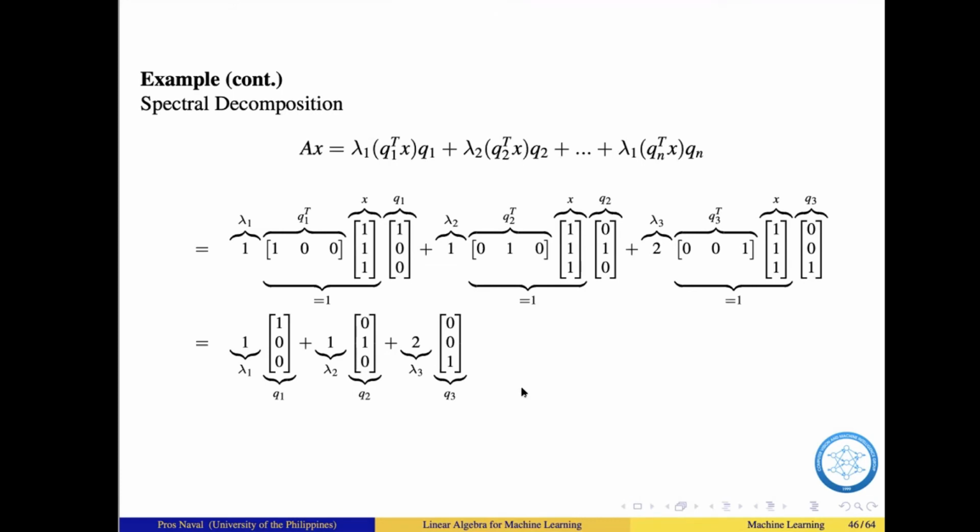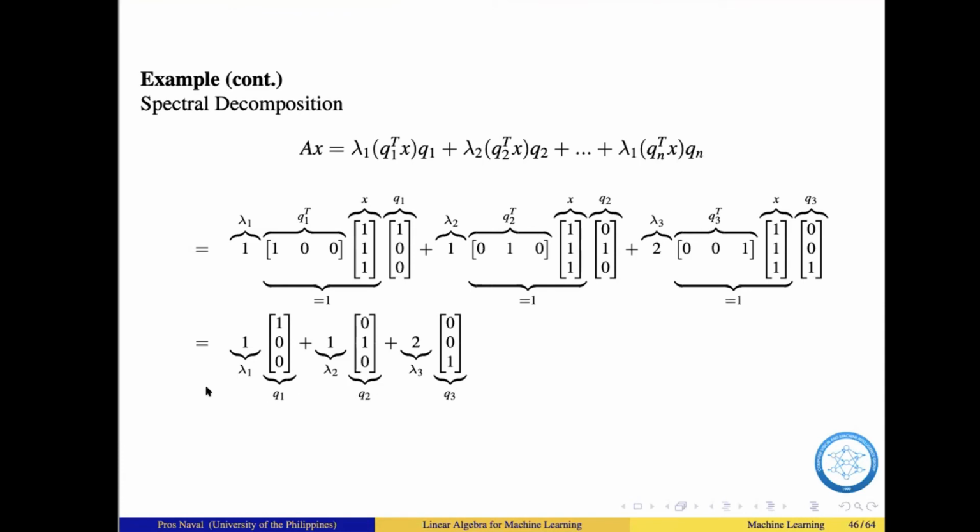So what is the lesson that we have learned here? We're basically multiplying the vector by its lambda 3 in the direction of the coordinate axis.